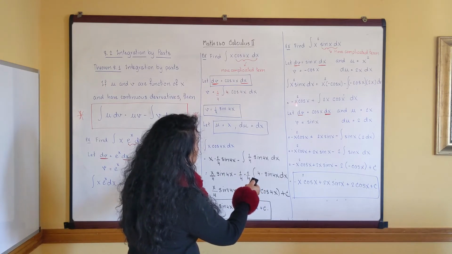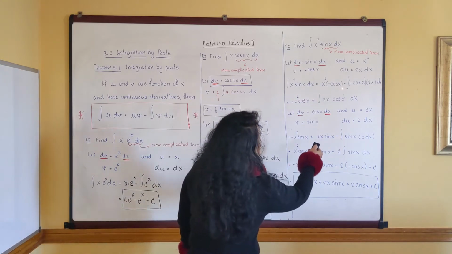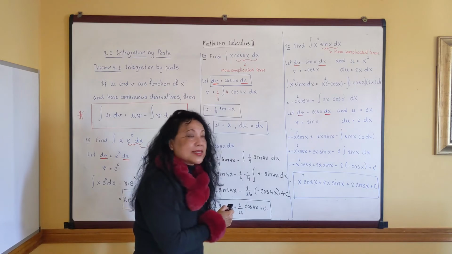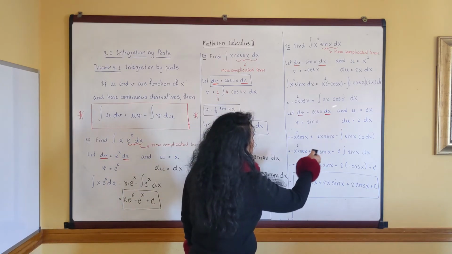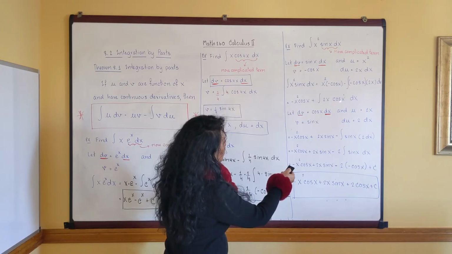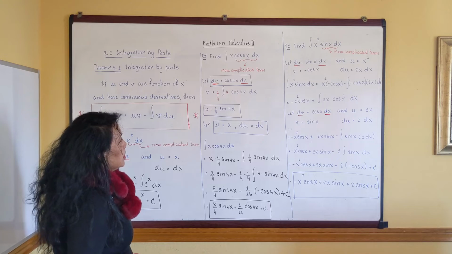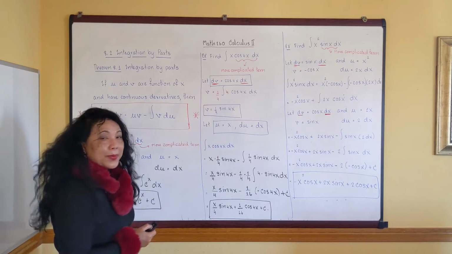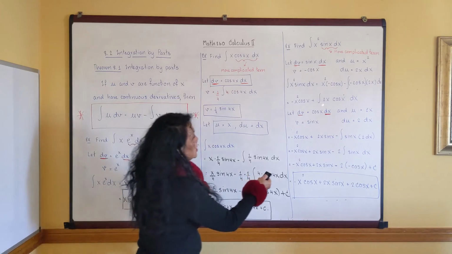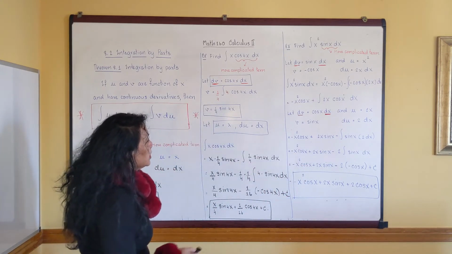So I get negative x squared cosine of x plus, because I have a minus here and another minus, so it becomes plus. The 2x, I bring up front, that's okay. So 2x times cosine of x dx. Now I take integration by parts again for this second term.